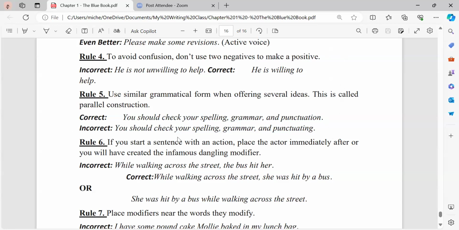But in the incorrect one, "you should check your spelling, grammar, and punctuating," punctuating right here is not parallel because it has a different grammatical form. It has the -ing right here, and this is not the original form. So spelling, grammar, punctuation are all the original form. Punctuating right here is not the original form.